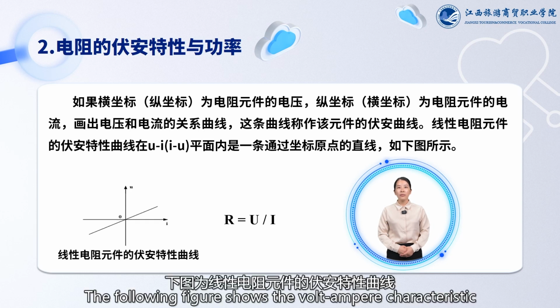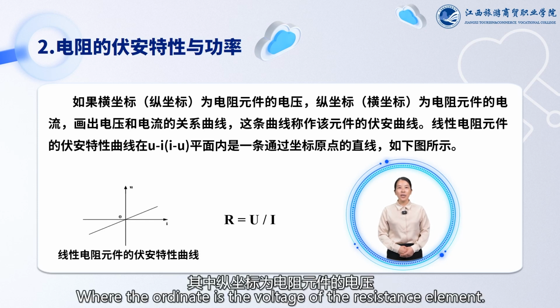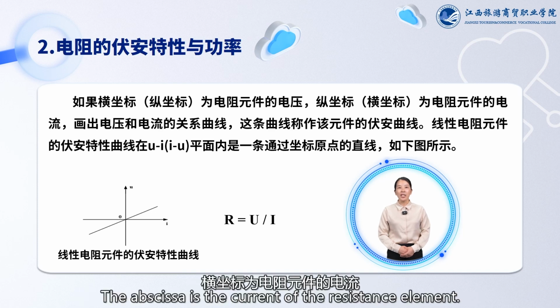The following figure shows the volt-ampere characteristic curve of linear resistance element, where the ordinate is the voltage of the resistance element and the abscissa is the current of the resistance element.